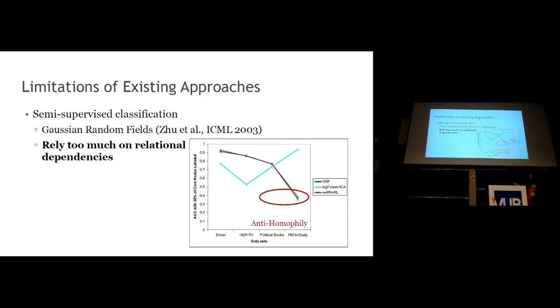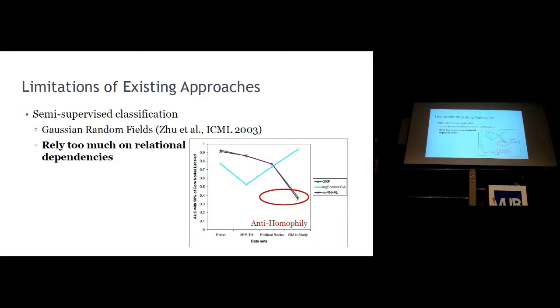Here I'm showing you this plot where on the x-axis there are some data sets, and on the y-axis is the area under the ROC curve, with, sorry, I have a little cold, so that's why I sound a little nasal, 50% of what we're calling the core nodes labeled. These are the nodes for which I have labels, and I'm going to remove 50% of them to do some experiments.